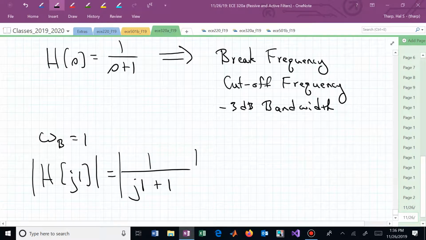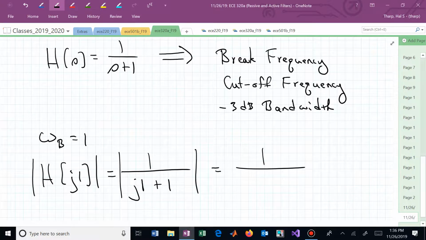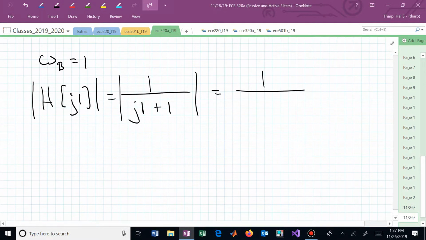And if we wanted the magnitude of that, that's now 1 over. So I've taken the magnitude of 1, that's 1, divided by the magnitude of my denominator factor. And what's the distance between? Thinking about this, if I'm right here at minus 1, I walk over 1 and I go up j1, and that puts me at that point.